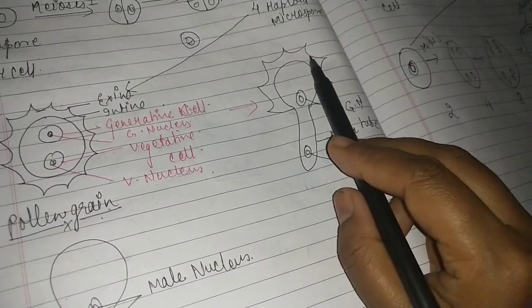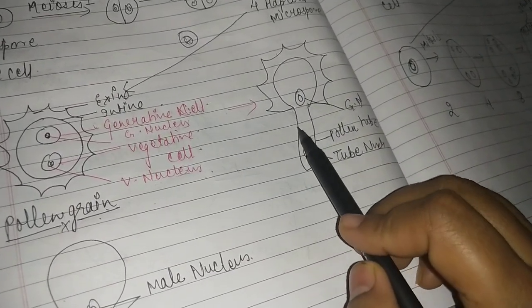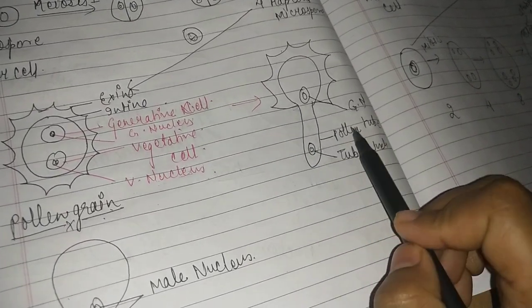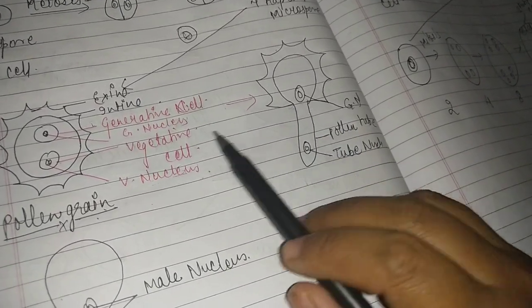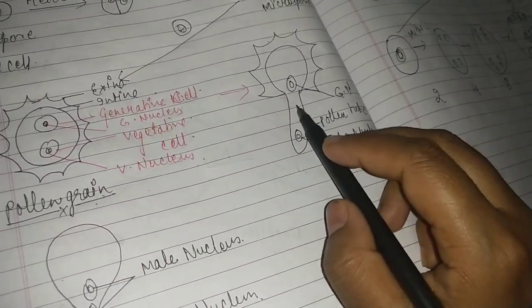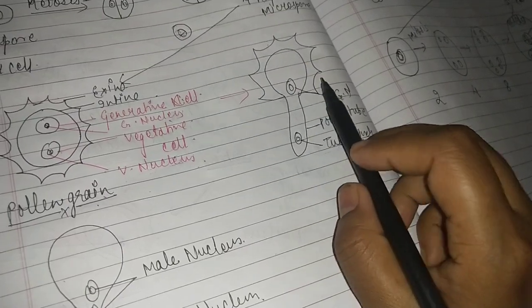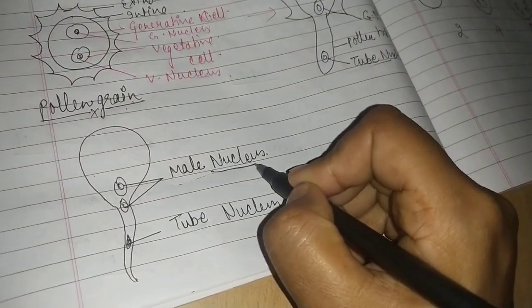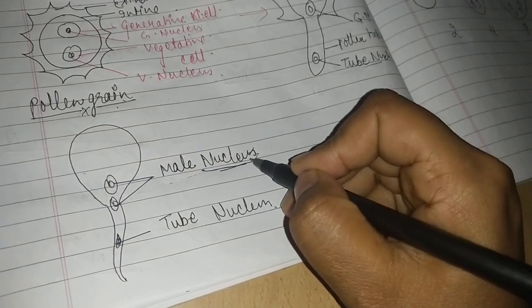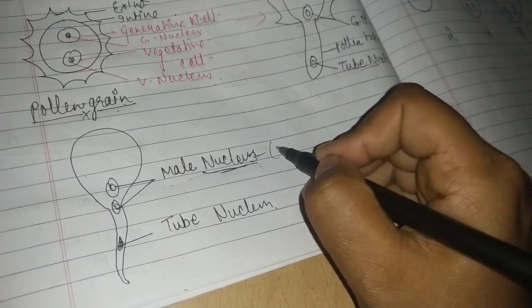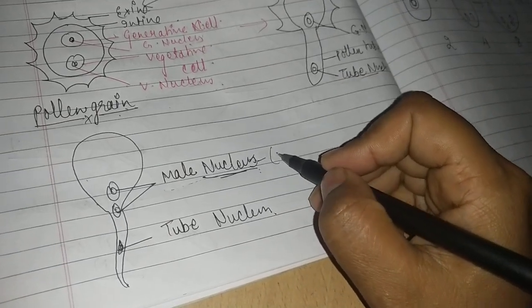The main function of the intine is that it will extend and become a pollen tube, and the vegetative nucleus will move toward the end of the tube, and the generative nucleus undergoes further division to form the male nucleus. This is the nucleus which enters the female reproductive organ, and this takes place in the process of fertilization.